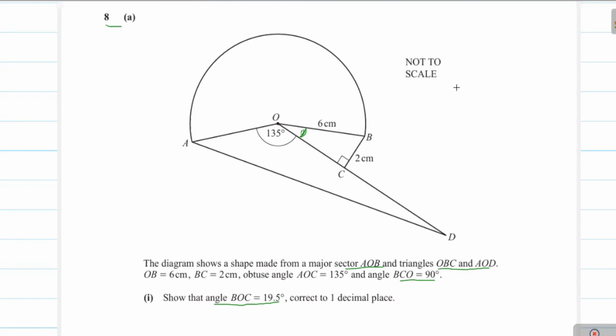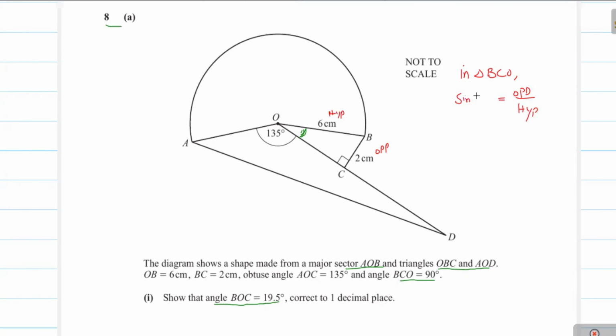BOC. We take this triangle BCO. Now we write in triangle BCO, this is the right angle triangle. Therefore, this side will be the hypotenuse, and this side is opposite to this angle BOC. Now we can write the ratio opposite over hypotenuse is equal to sine.